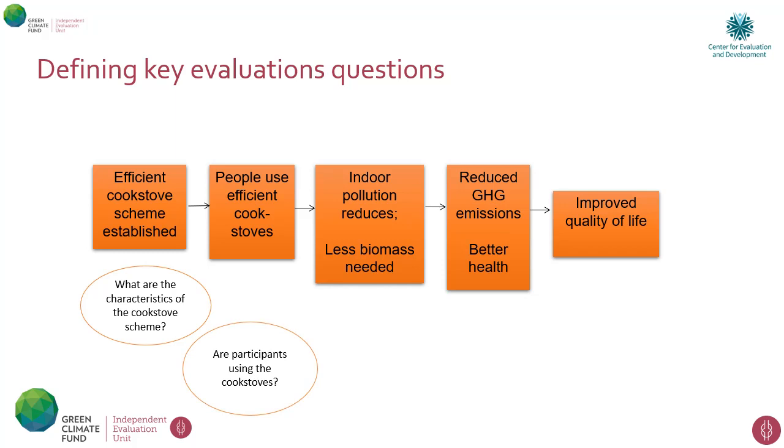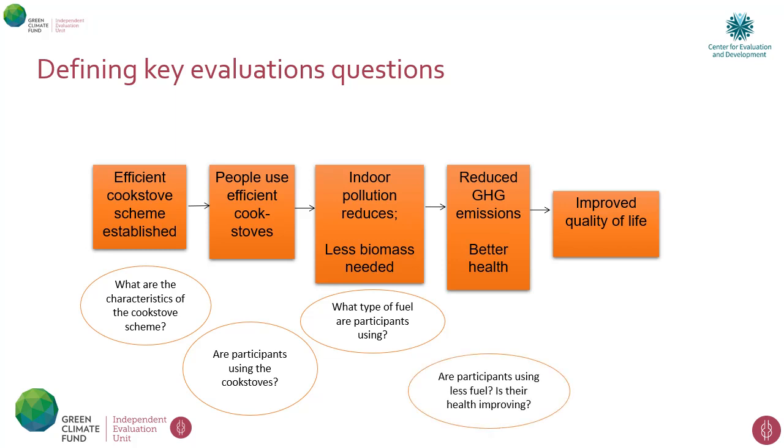For outputs, are participants using the cook stoves? For initial outcomes, what type of fuel are participants using? For intermediate outcomes, are participants using less fuel? Is their health improving? And in terms of impact, do participants have a higher quality of life?